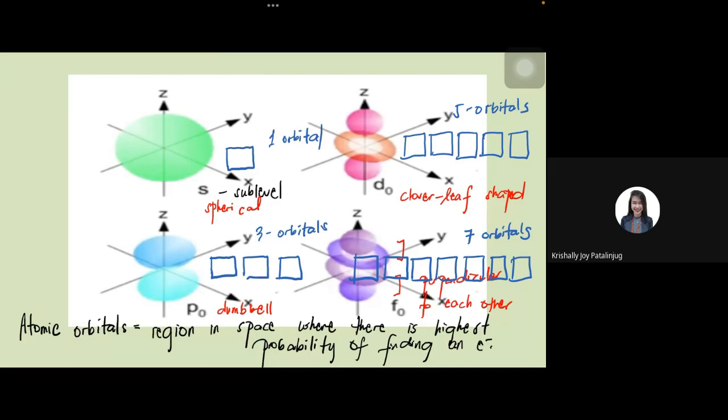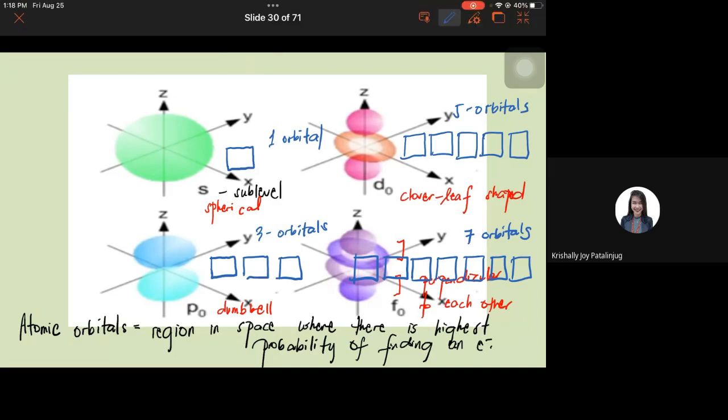All right. Another thing you have to take note of: each orbital that I represent in the form of boxes can hold up to a maximum of two electrons only.